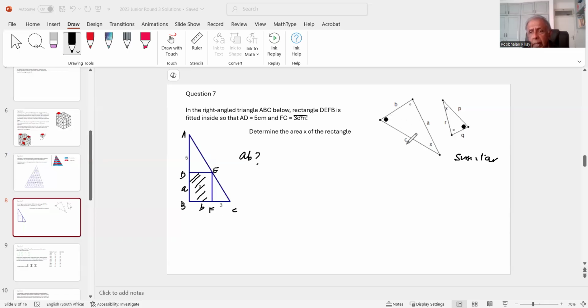For instance, if I know that this is 3, and this is 5, and this is 6, and if I know that this is 1 here, then I can calculate these two sides, because one is just an expansion of the other one.